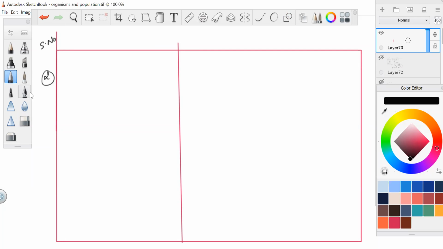This is the second biome, and this is the feature. The second biome we are talking about is tropical deciduous forest.